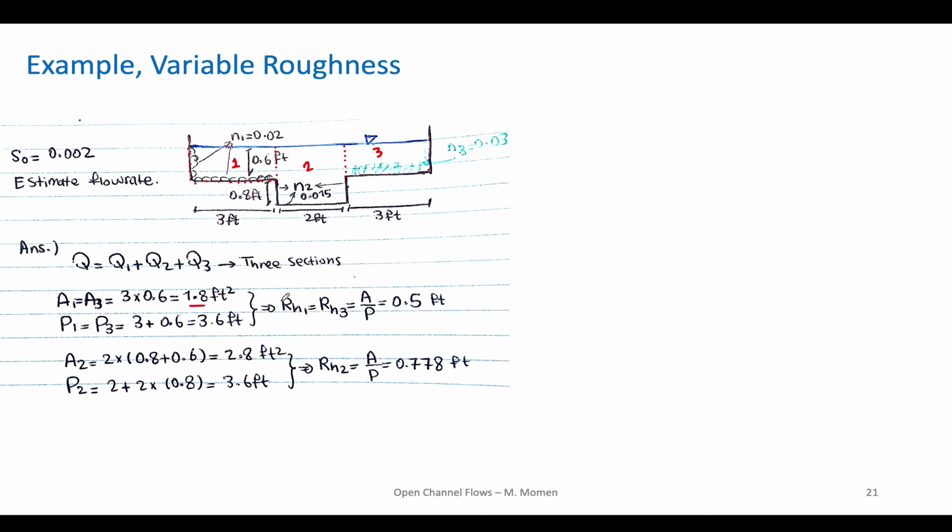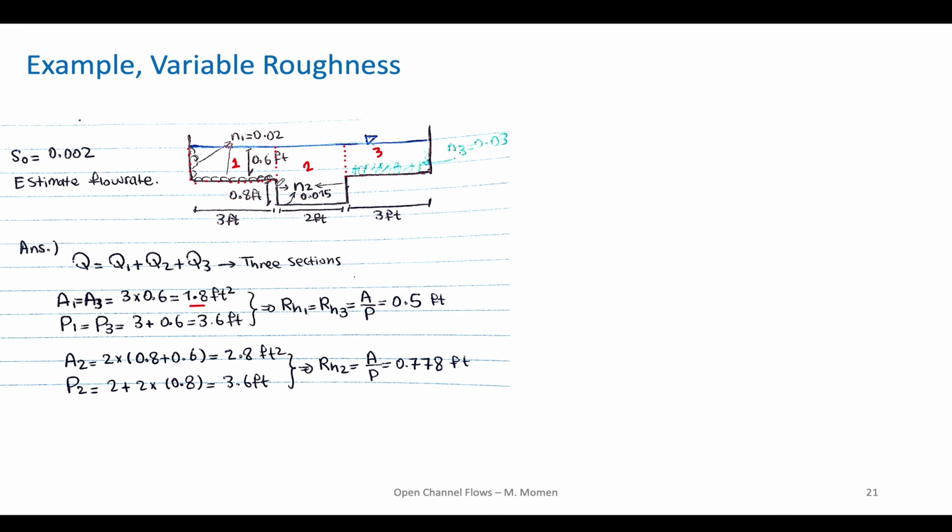And then the hydraulic radius for 1 and 3 is A over P, which is 1.8 over 3.6, which is going to be 0.5 foot.